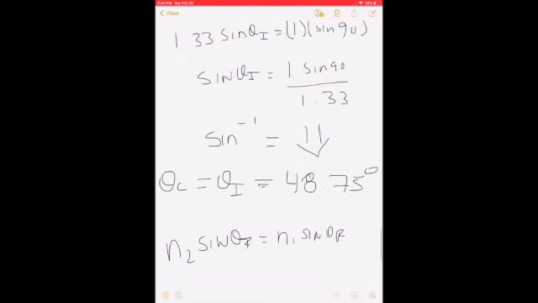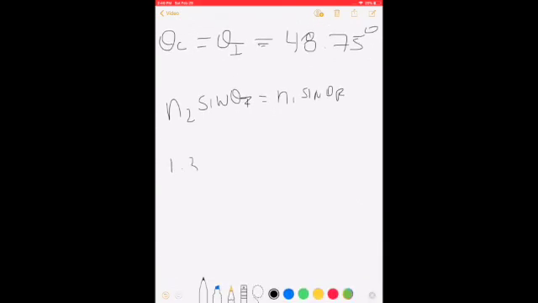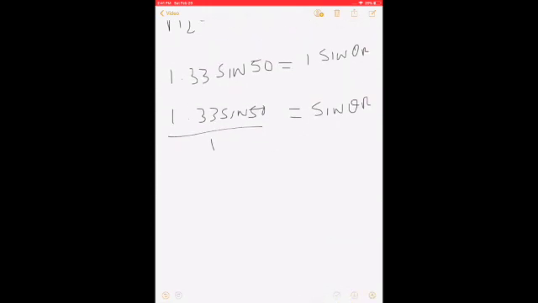We said that earlier N2 was 1.33, so 1.33 sine 50 degrees, and then 1 times sine theta r, which is what we're looking for. So 1.33 sine 50 over 1 is equal to sine theta r. And if we take the inverse, I'm just going to do it on my calculator.